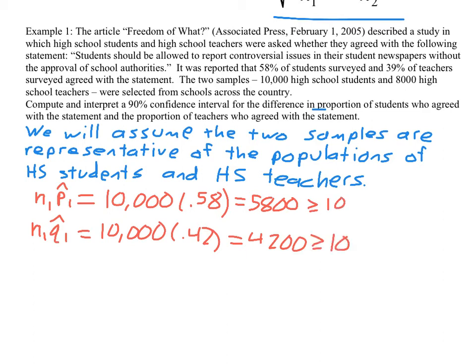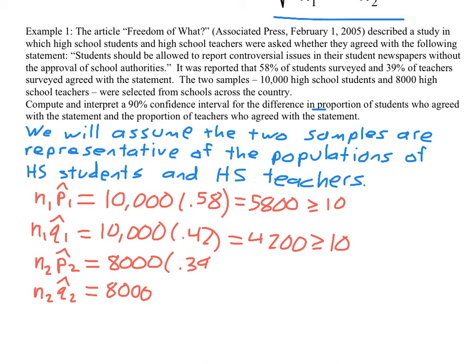Now we have to do it for the teachers. So there were 8,000 teachers, and 39% said yes, so 61% said no. So we have 3,120 and 4,880.